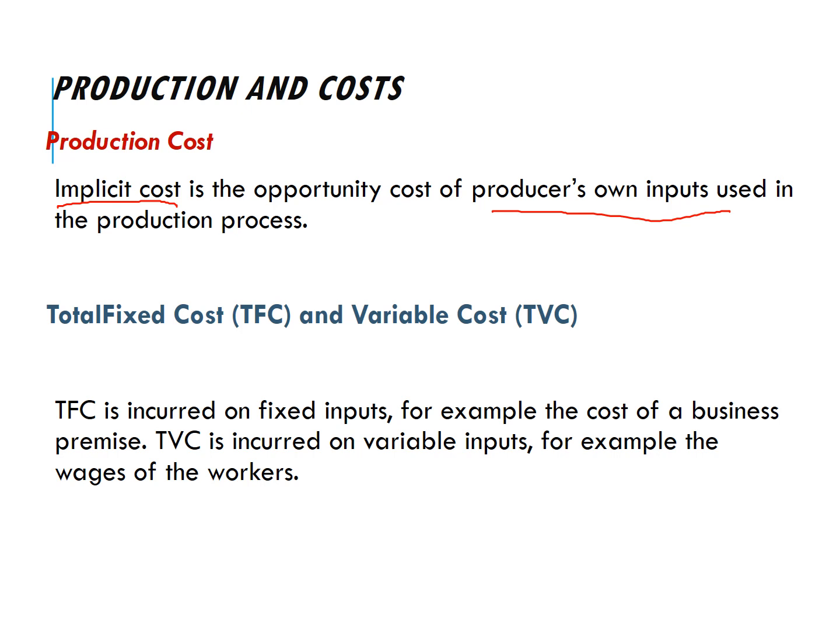So you use your own input, and you didn't pay any rental to your parents. But in economics, supposedly you have to calculate everything, take everything into consideration, included in the cost. So you have to pay maybe 300 ringgit to your parents.